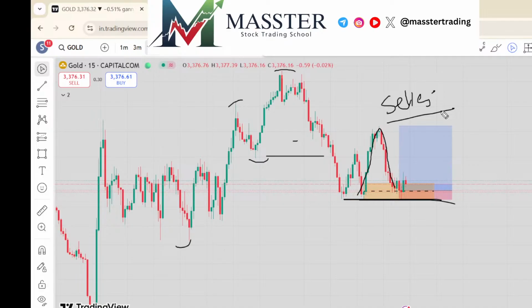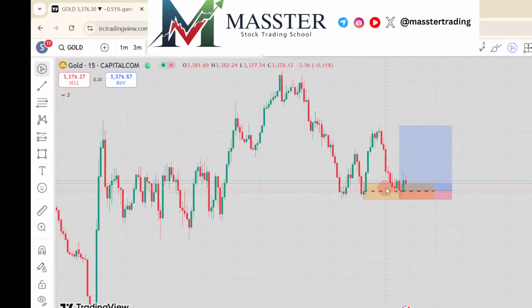But they didn't break this previous low, and that shows us the sellers are weak. So that's why I took the trade for the long.